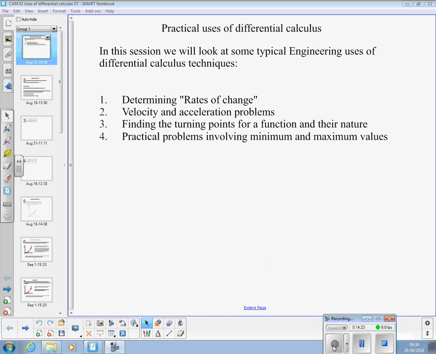Speed, velocity. Okay, so we can do that. And practical problems involving minimum and maximum values. So maybe a projectile question: throw a ball up in the air, how high does it go? That kind of problem we can do, using differentiation to find the minimum and maximum.